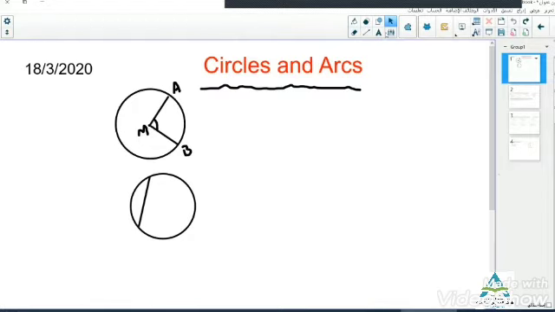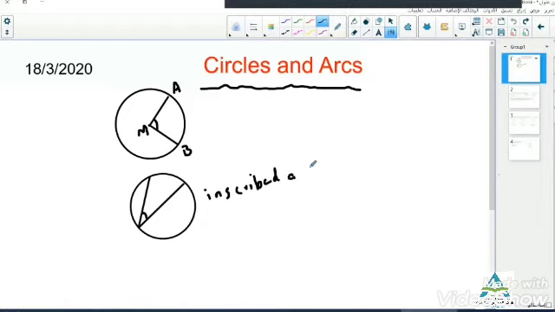Do you know what is the name of this angle? This angle is called inscribed angle.